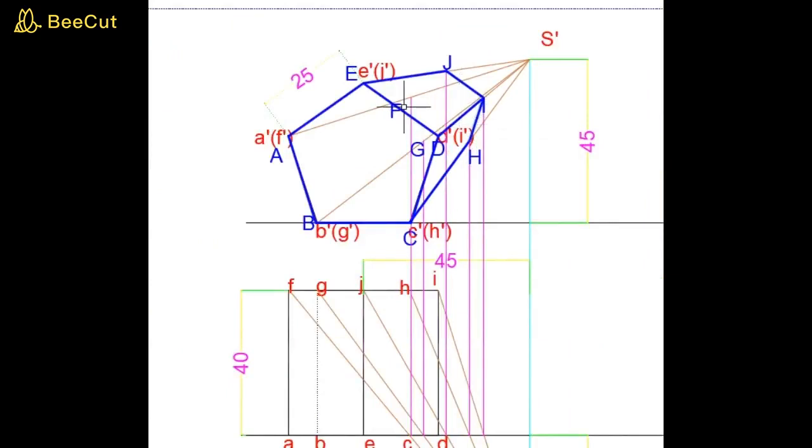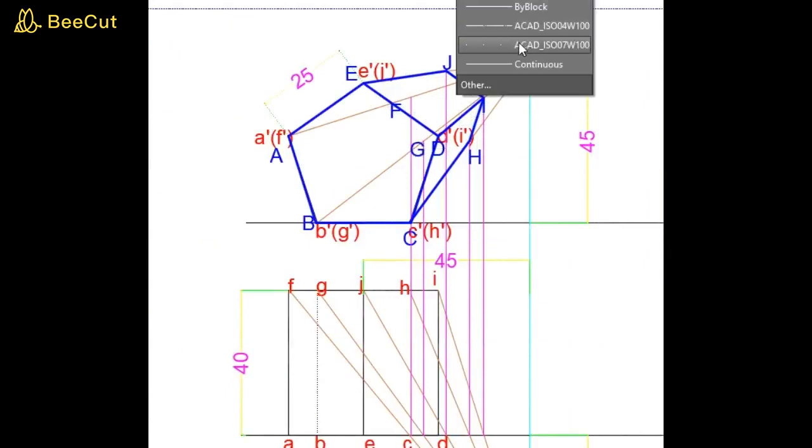Two points are inside the boundary, they are F and G. So we have to draw dotted lines connecting them.